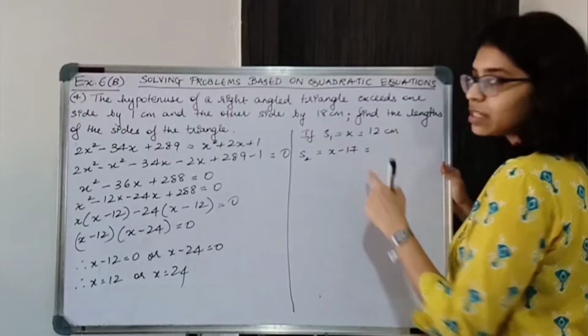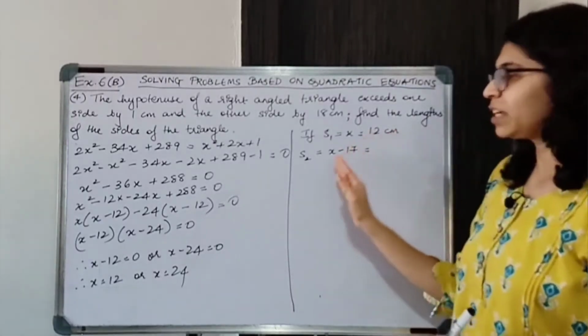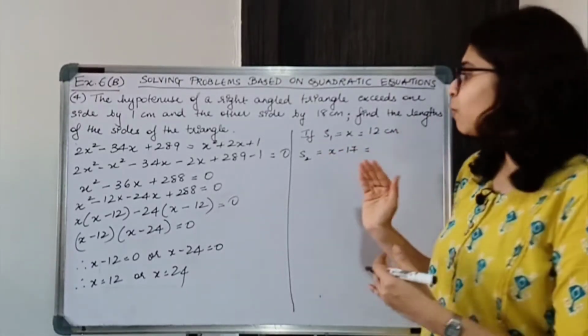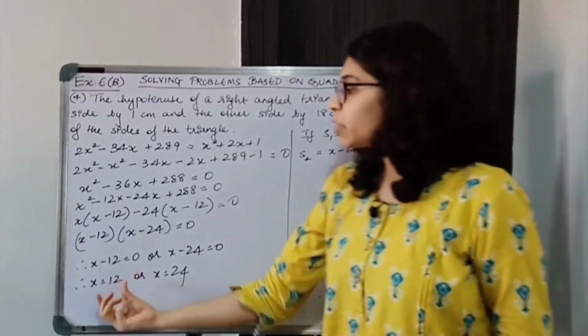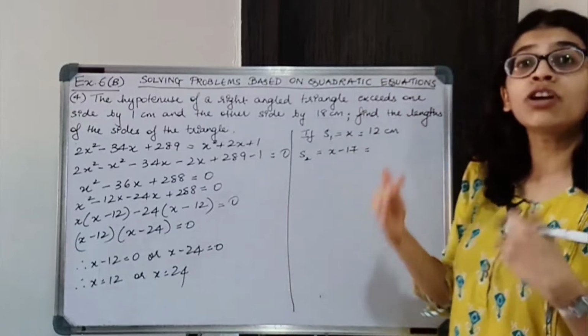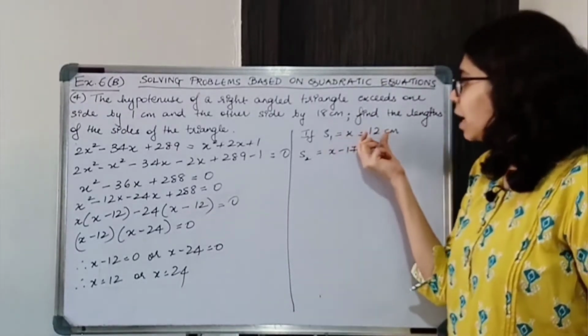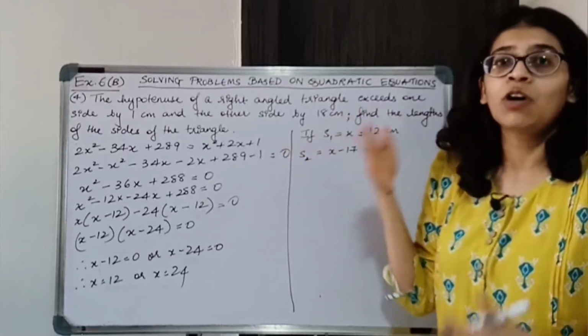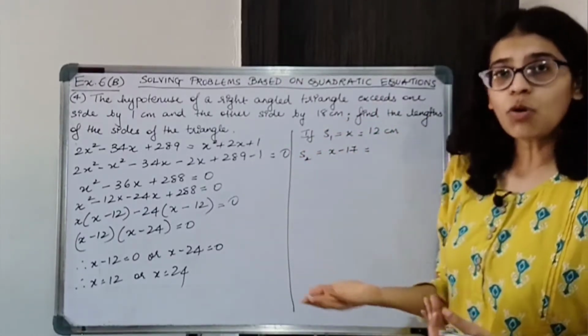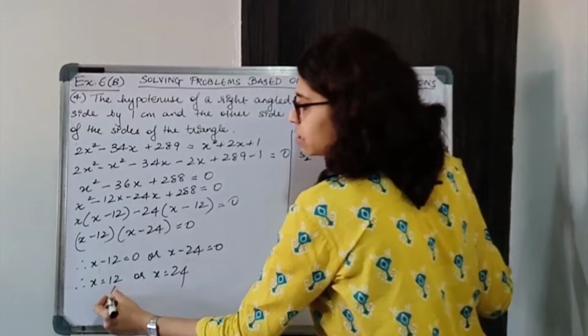So this is not possible if we take 12. So therefore we'll neglect the value. Okay, we had accepted 12 because it is positive, but it is not possible because if x is taken as 12, then the other side we are getting negative. How can we get negative side? So therefore we'll neglect this value.